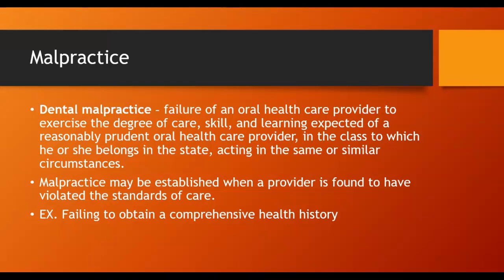So malpractice may be established if the provider is found to have violated the standards of care. We have these standards of care in dental hygiene that we're expected to follow. And if we go outside of that, we go below it, we don't reach those standards of care, then that is considered malpractice. An example of that would be failing to obtain a comprehensive health history.